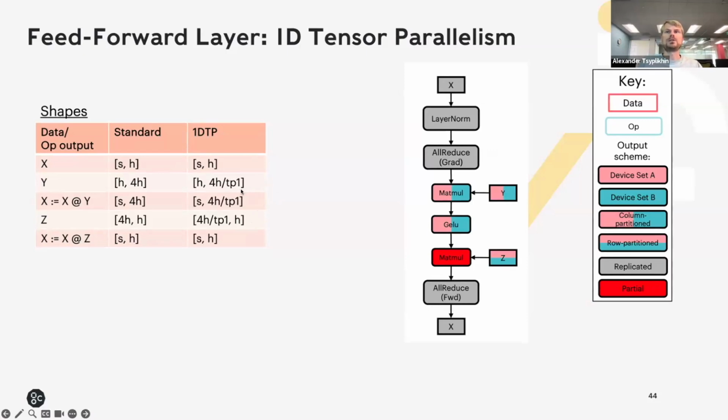And the dimensions of the weights are now divided by the number of devices in the tensor parallel group number 1. For example, if we are running with a number of devices TP1, then each device will have only a slice of the weights of this Y matrix.